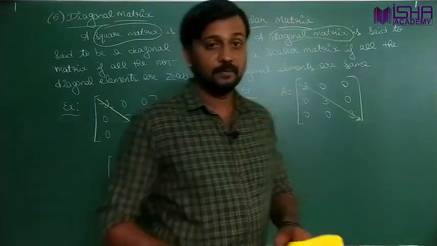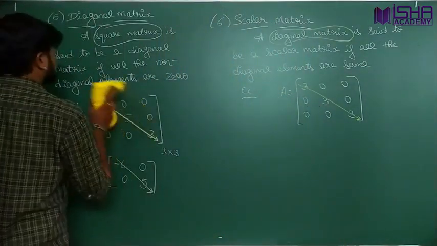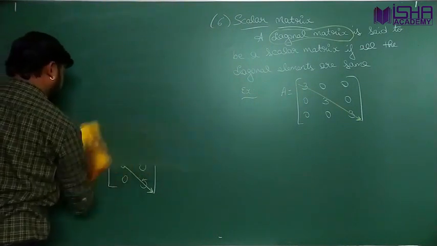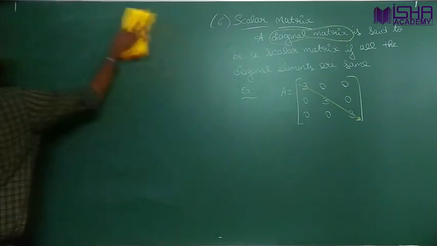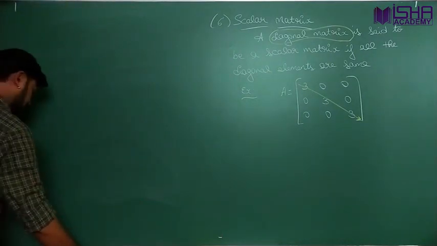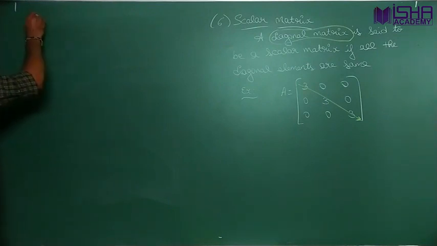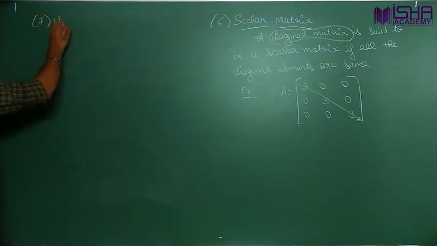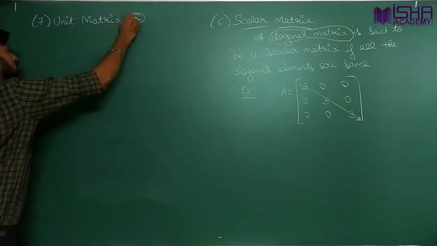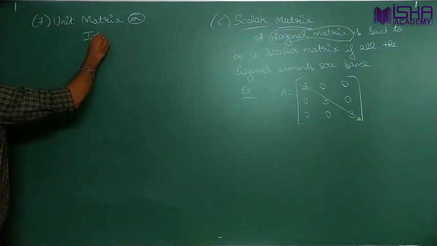Shall we go on? So the next type of matrix is a unit matrix, or it is also known as an identity matrix.